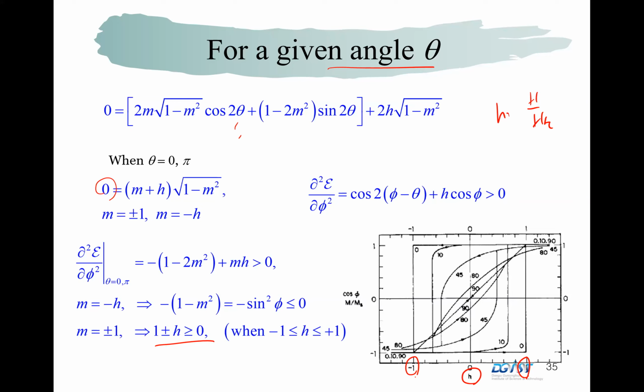And when theta is zero, it means we apply the external field along the easy axis. Then this is the solution with this condition, meaning we are starting here, H is positive, and we have a switching here. And finally, we have this shape of loops.